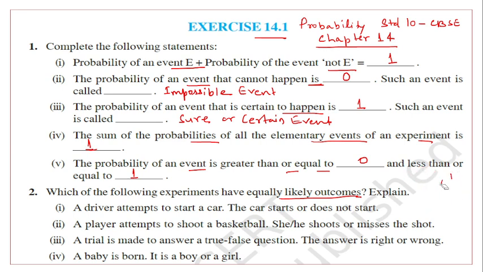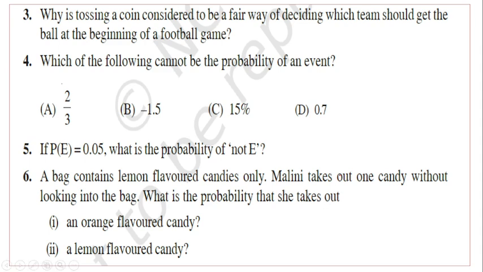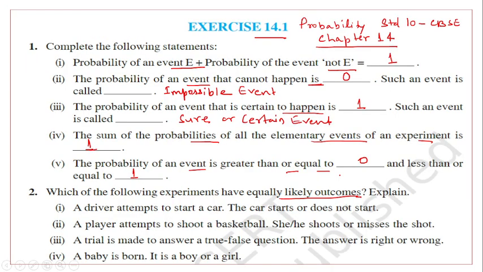So here we need to see where we will be getting equally likely outcomes. Like a driver attempts to start a car. So the car starts or doesn't start. Only two things can happen, so it will be an equally likely outcome.